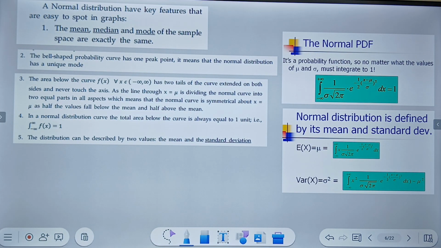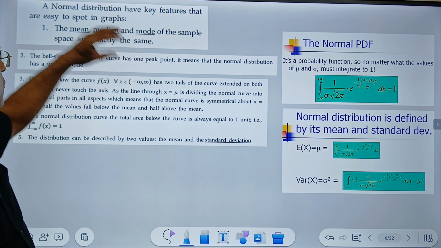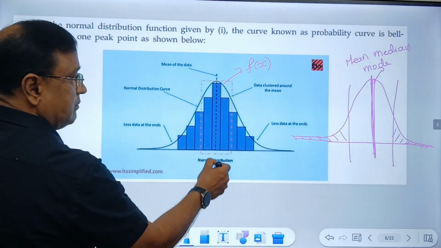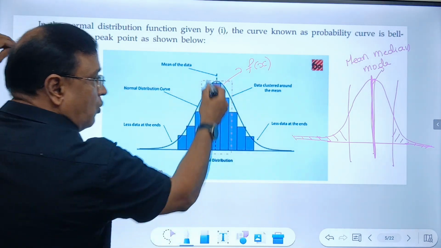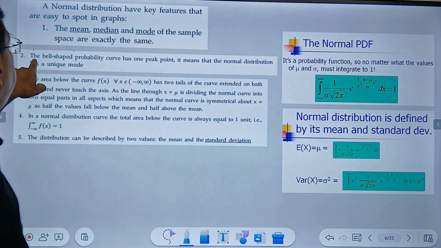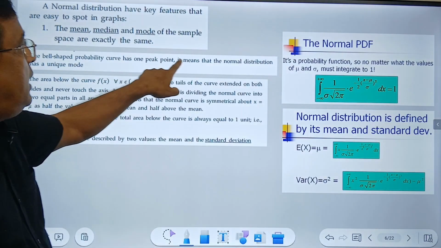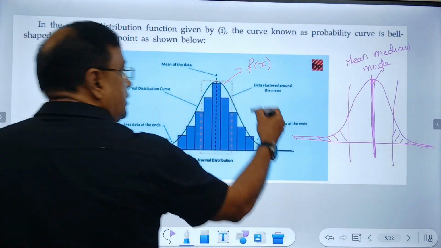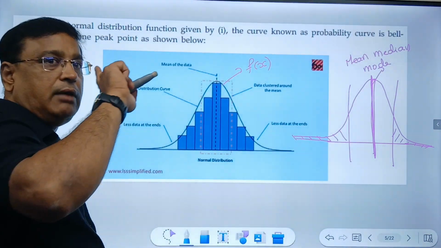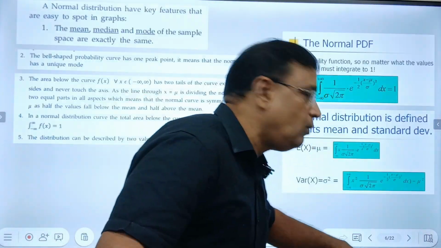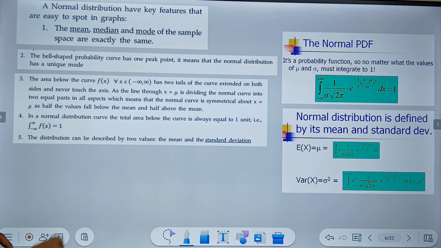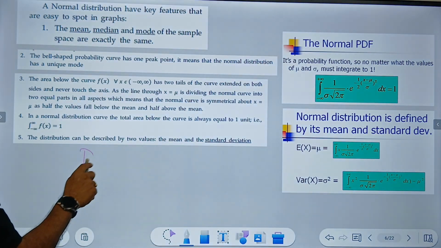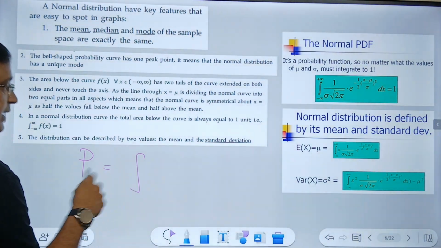The next one is, I have told you mean, median and mode will be exactly the same on this line. There is no difference between mean, median and mode. You see a bell-shaped probability curve, and it has a unique mode. It will have only one mode. You know what a mode is, class 10th. And when I'm talking about probability, in this case it is about area.